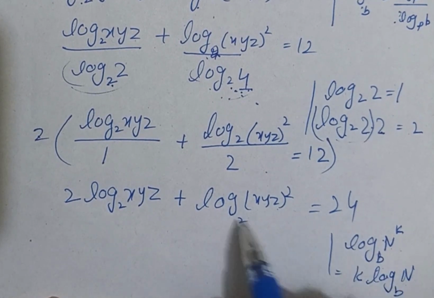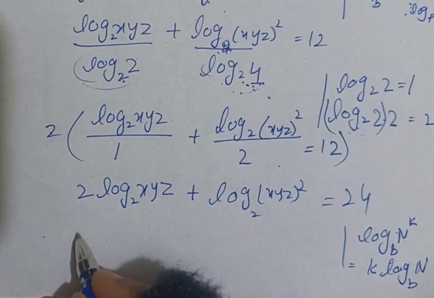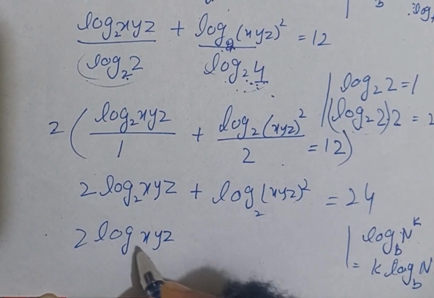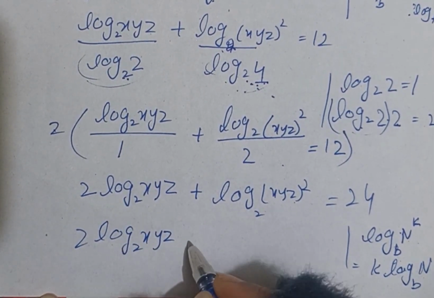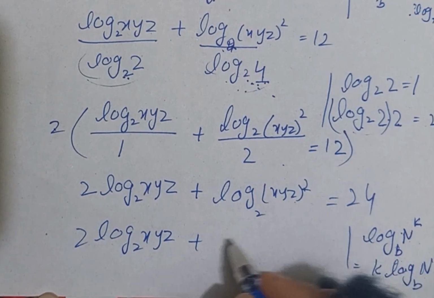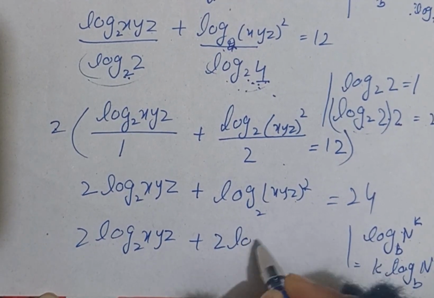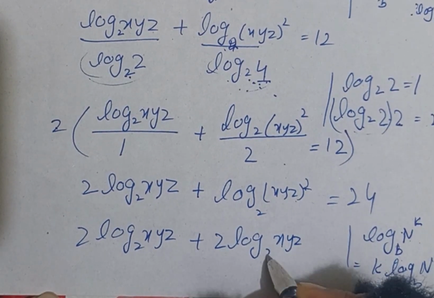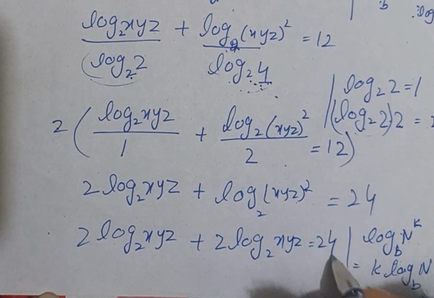So we apply this property in the second term. We copy the first term, log of the product of x, y, z with base 2, plus we can write this as 2 times log of the product of x, y, z with base 2, equal to 24.